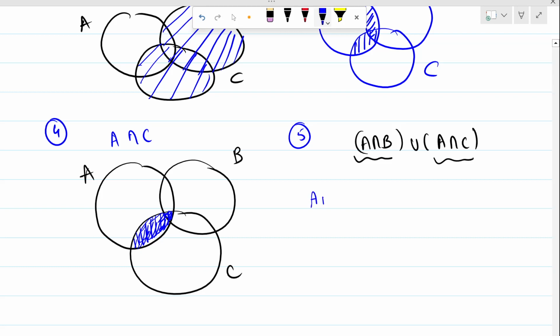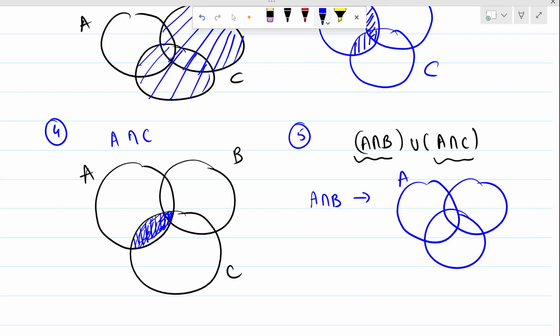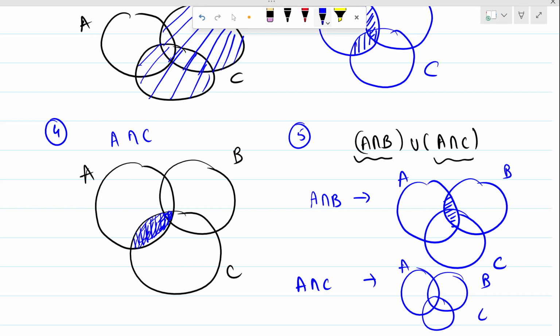So A intersection B, this is A, B, C. A intersection B is this, and A intersection C, A, B, C. So this is the A intersection.